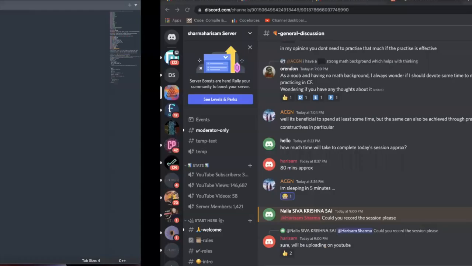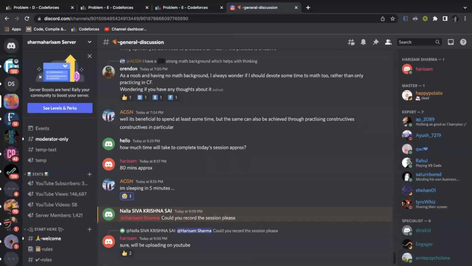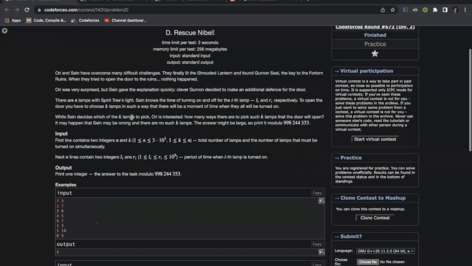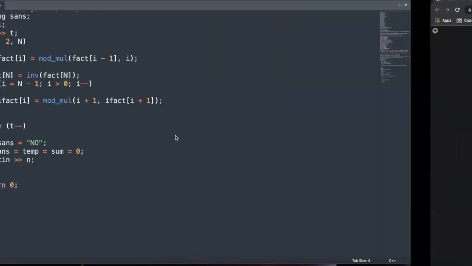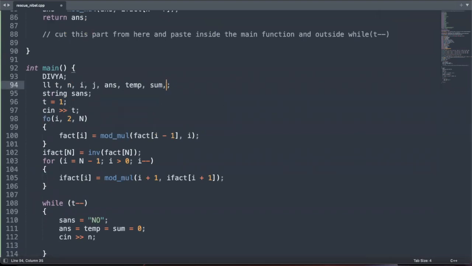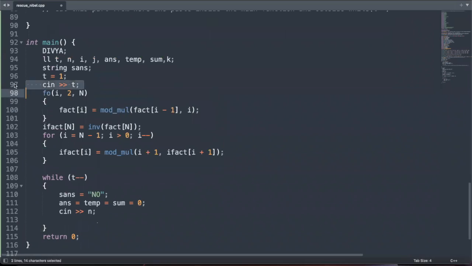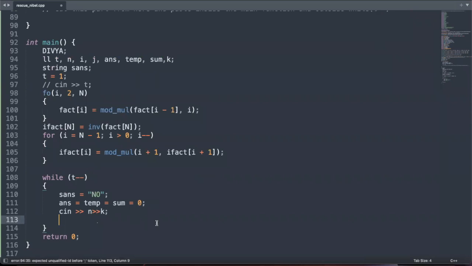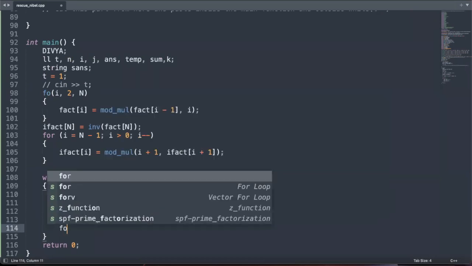All right, so let's look at the input. We have n, k, and then we have these values. Let's take in the vectors.